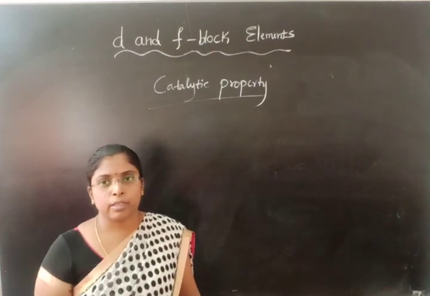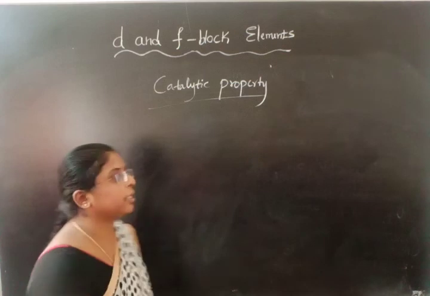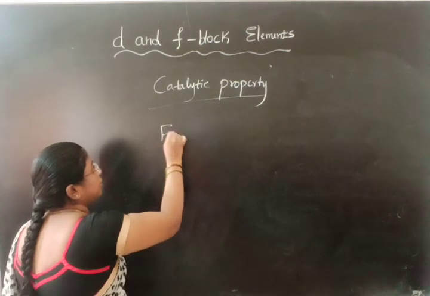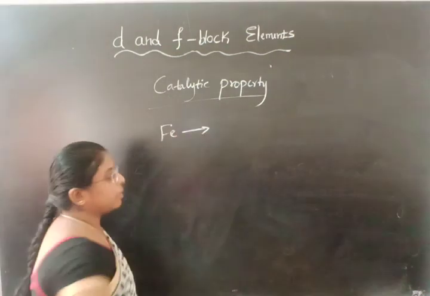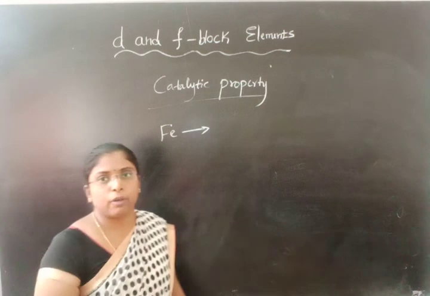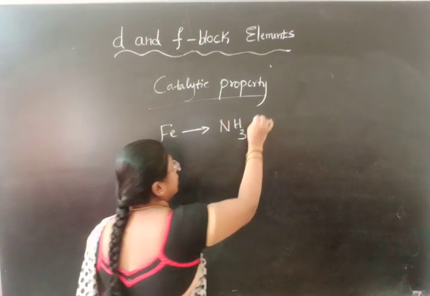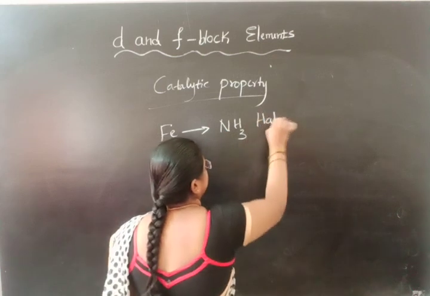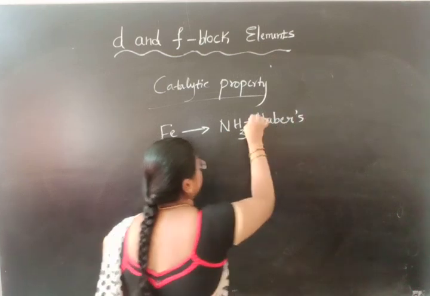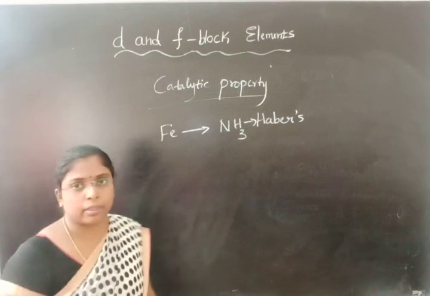They are used as catalysts. For example, iron is used as a catalyst in the manufacture of ammonia by Haber's process.